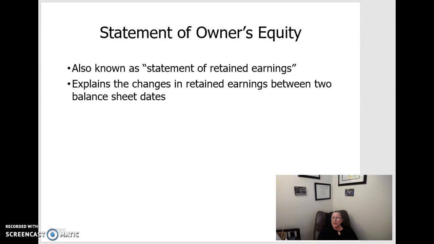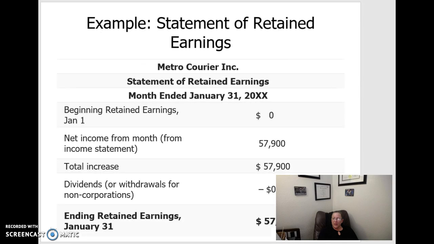The next is the statement of owner's equity. It's also known as the statement of retained earnings, and it explains the changes in retained earnings between the 2 balance sheet dates. So here's a sample retained earnings statement. We start with beginning retained earnings, and here we can see that that is 0.